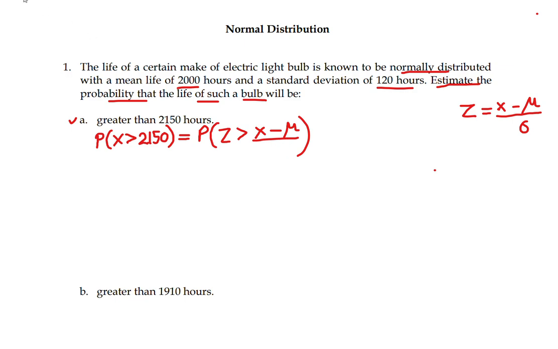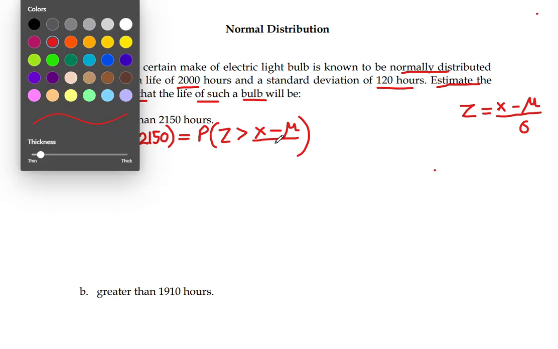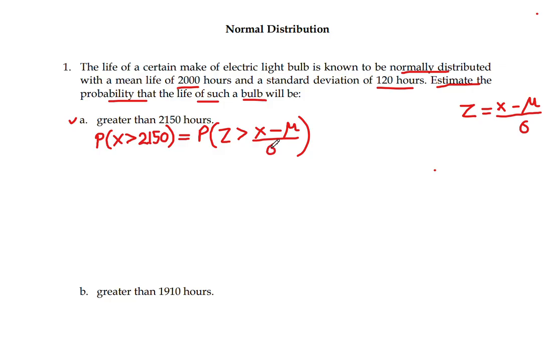Now, let's discuss what these parameters represent. X represents the value for which we are calculating the probability. Mu is the population mean, and sigma is the standard deviation of the population. So what we're doing now is that we're standardizing the data set because it is normally distributed to allow us to read from the standard normal table.